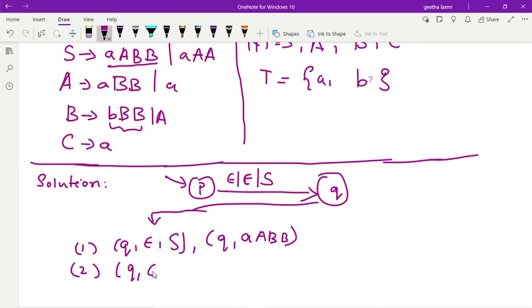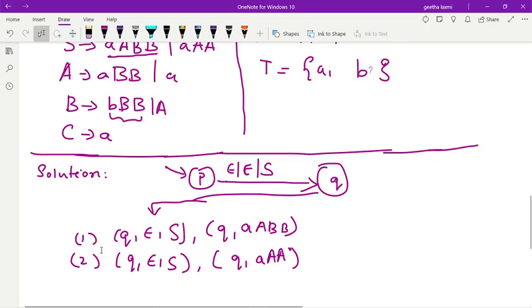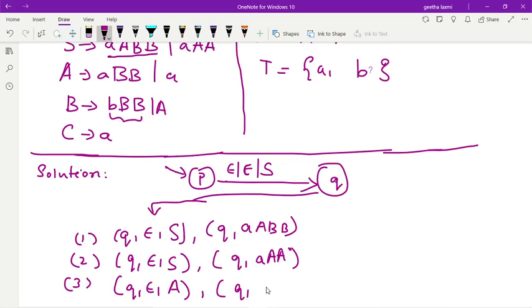So q comma epsilon comma S can give you q comma A. Next we have the third rule, for A, the next non-terminal: q comma epsilon comma A can give you q comma ABB.